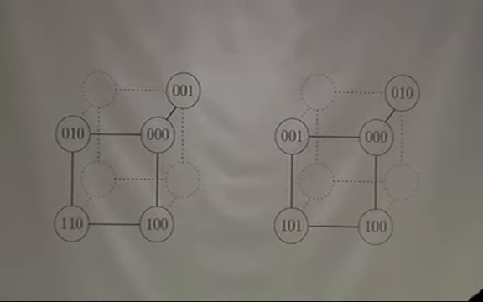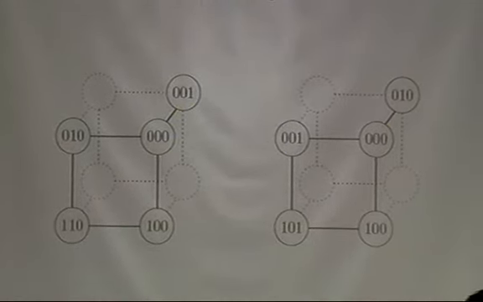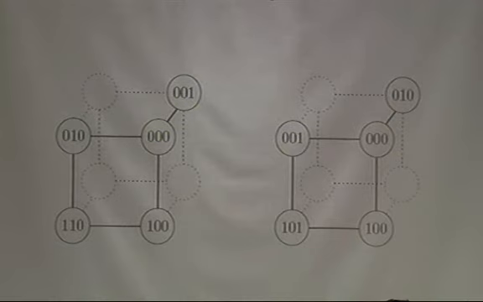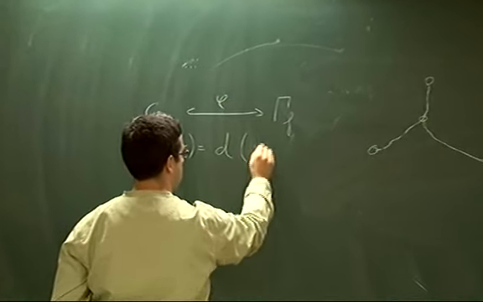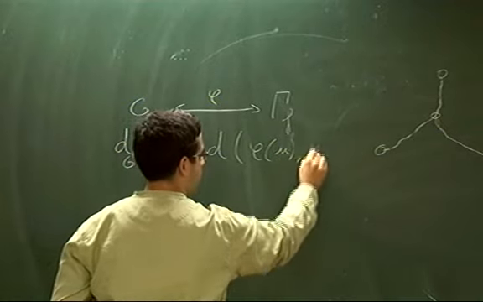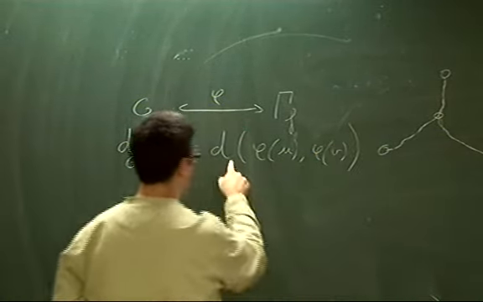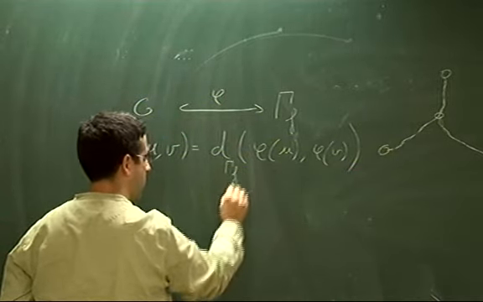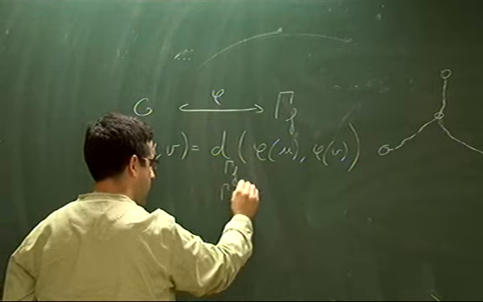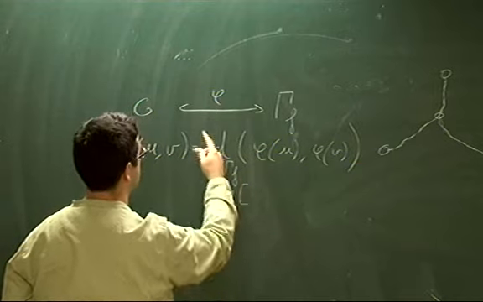So you have your graph G, and now you are embedding it into gamma f. Let's call the embedding phi. The distance between u and v in G should be equal to the distance between the images. And what should I put here: gamma f, or the portion of gamma f that is induced by the image?